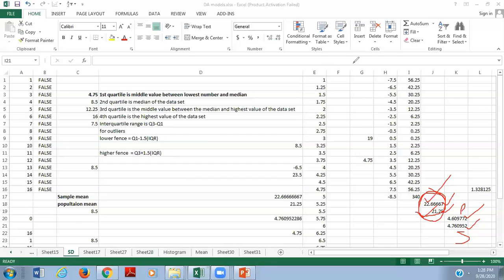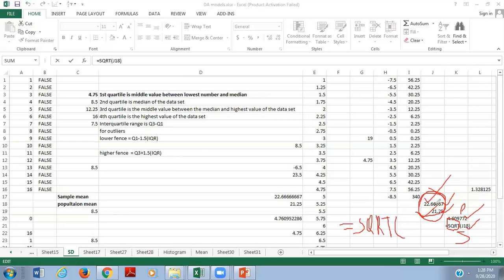For this purpose, in Excel, we use a simple formula, that is SQRT.